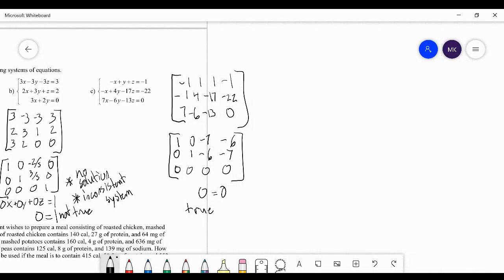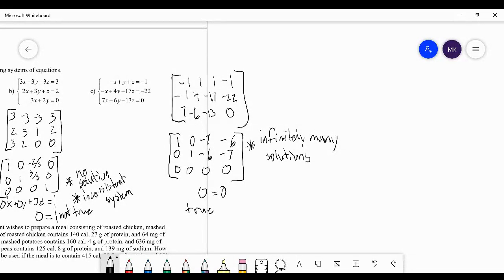So when we got a false statement, a not true, that was no solution, or inconsistent system. Here, we have a true statement. That means there are actually infinitely many solutions.